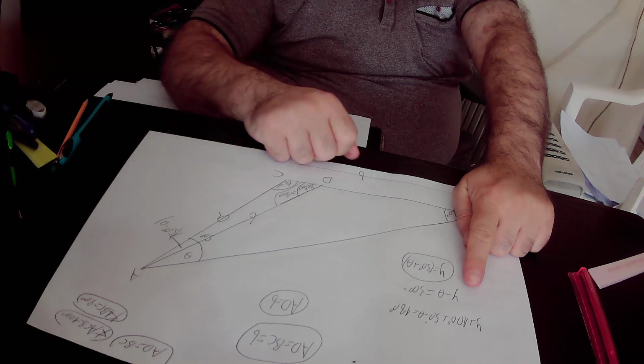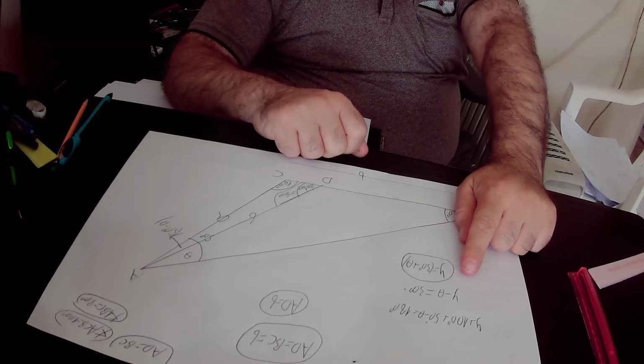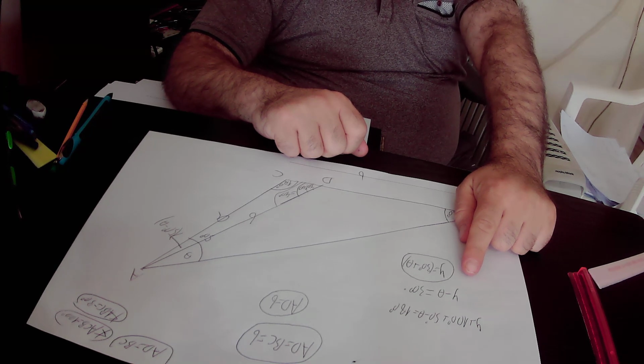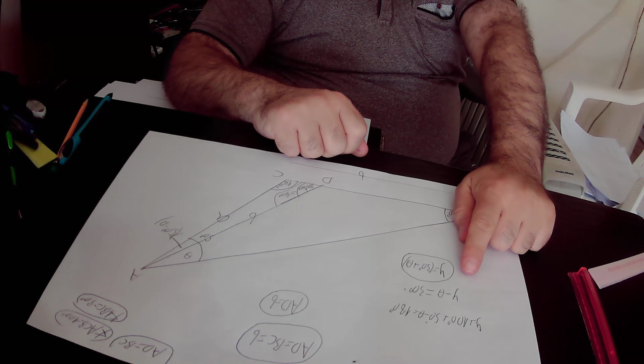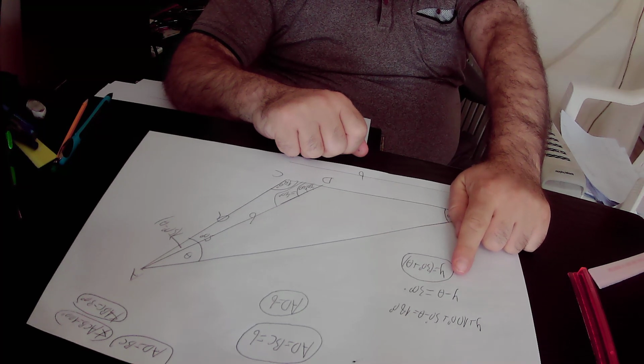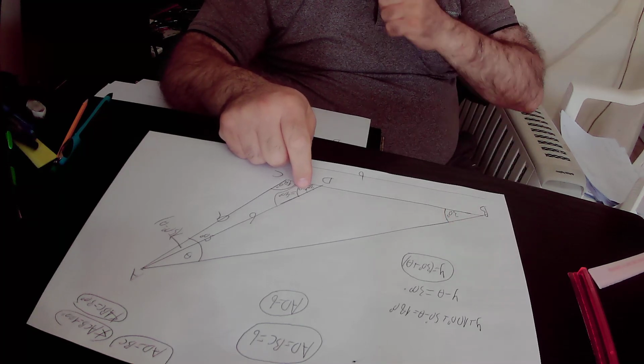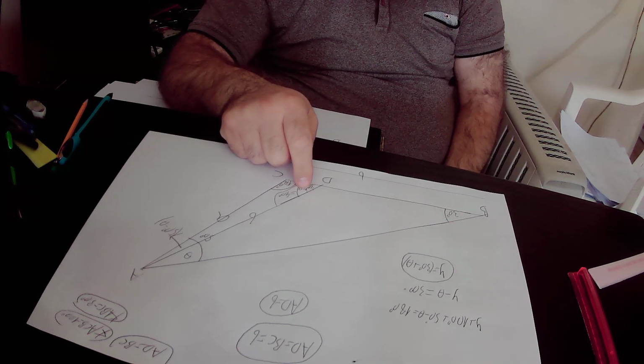Here we subtracted 150 degrees from this equation, and we got that y minus theta equals 180 degrees minus 150 degrees, which is 30 degrees. Here we added theta to this equation, and we found out that angle y equals 30 degrees plus theta.